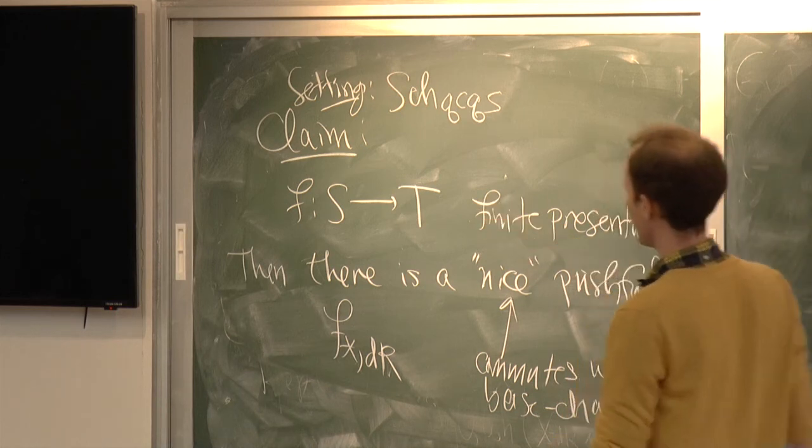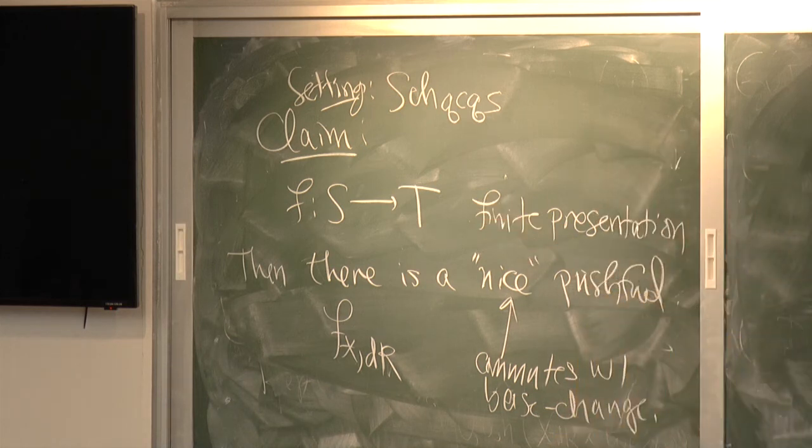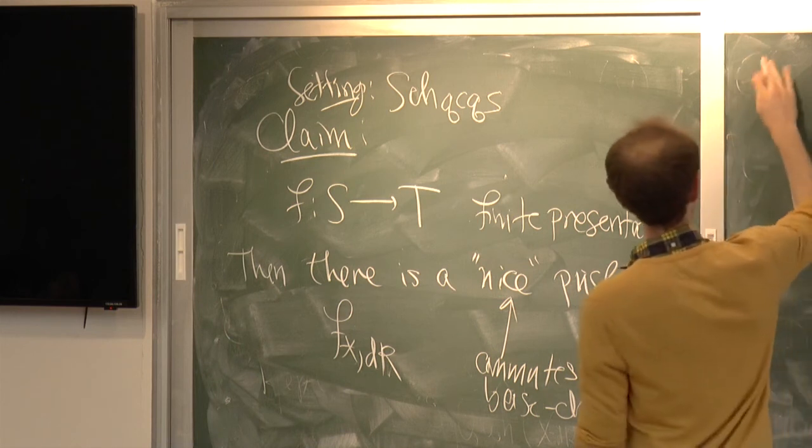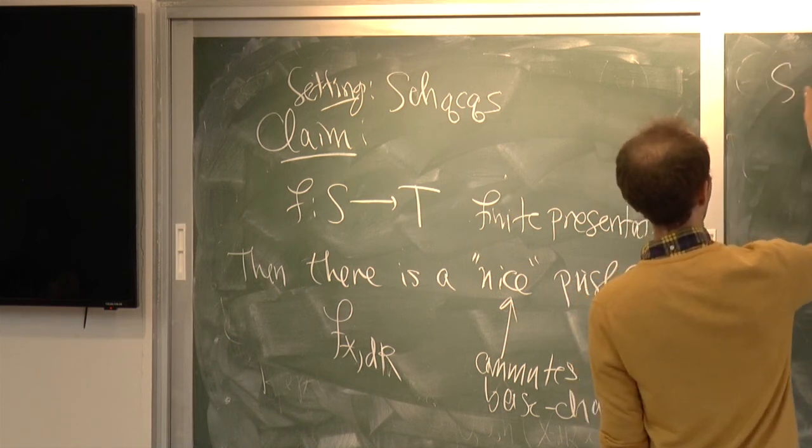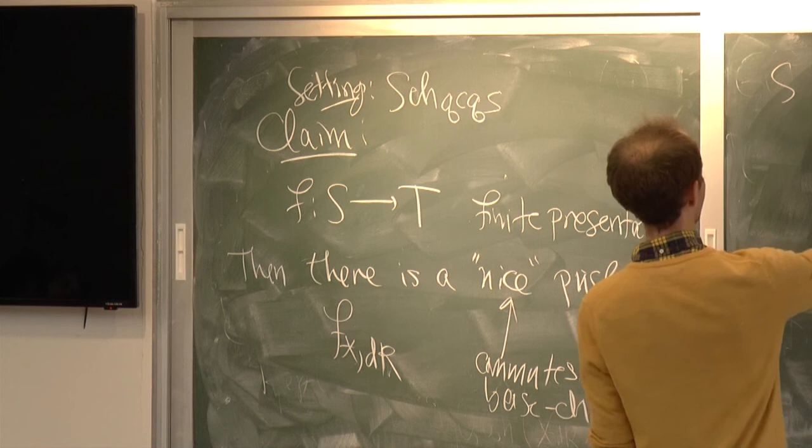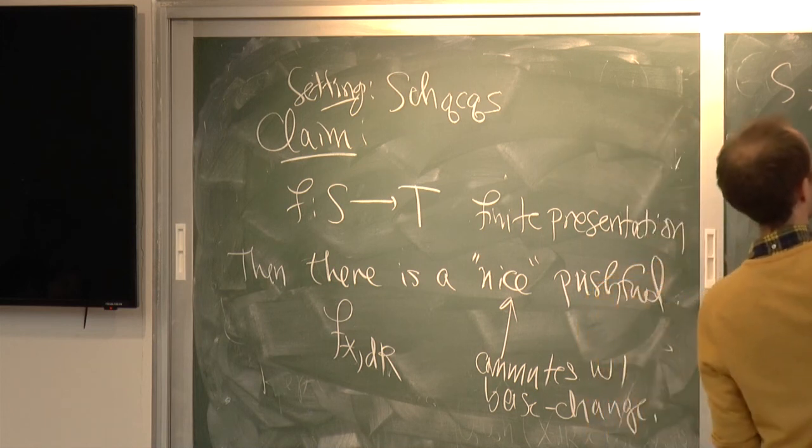And also, it should coincide with the usual de Rham cohomology in the case when S and T are themselves finite type schemes. So let's say S and T are affine. I want to explain how to construct this.